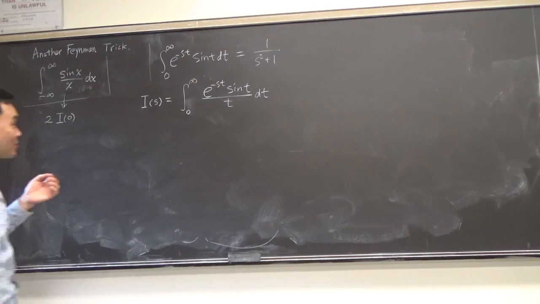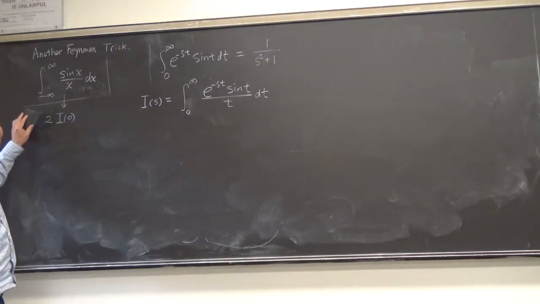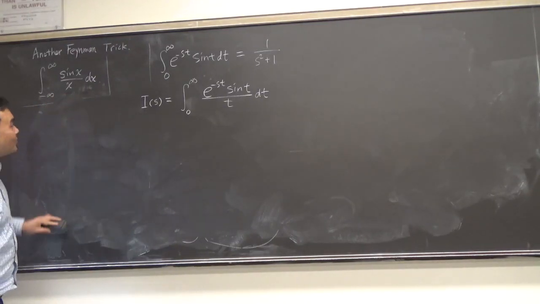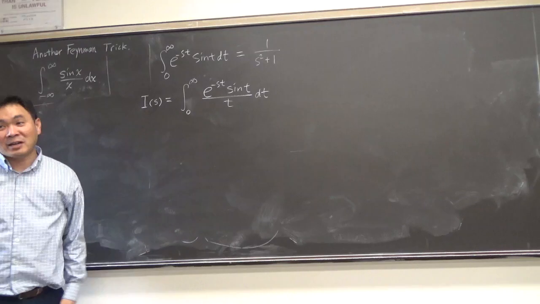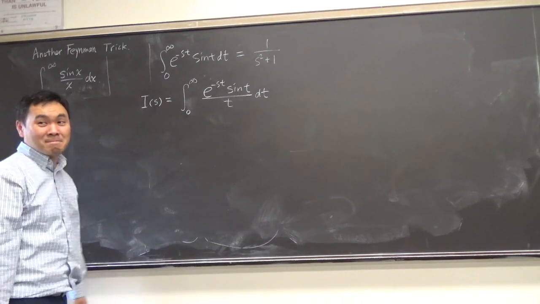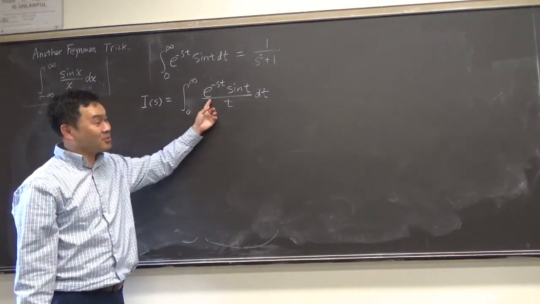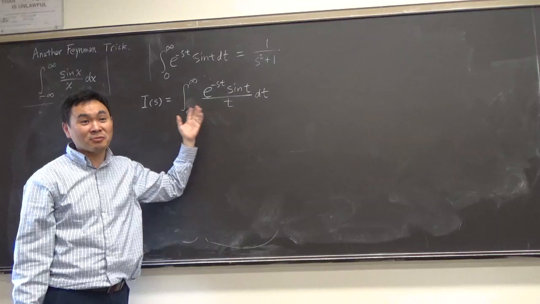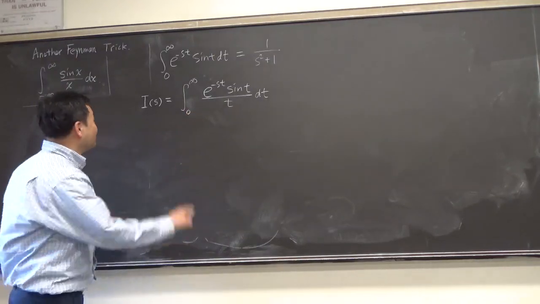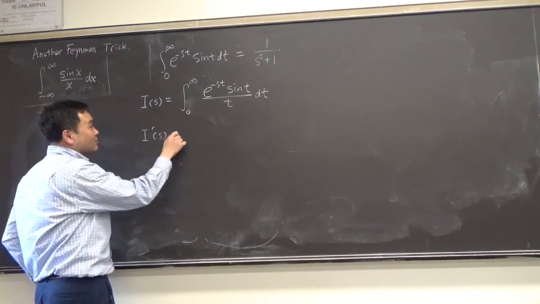Are you fine so far? Now let's do the Feynman trick. See, this is a function of s, so we differentiate both sides with respect to s. So we do I prime of s.